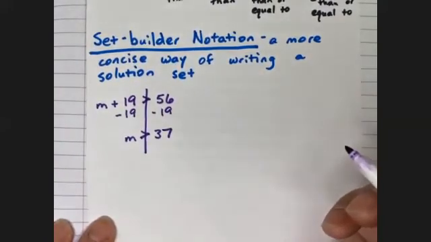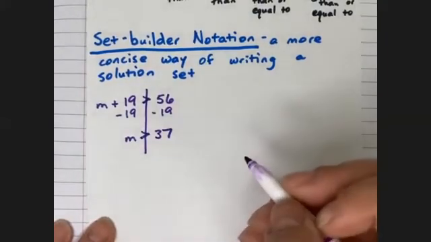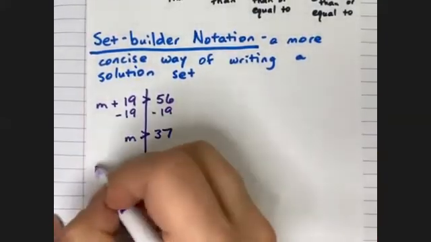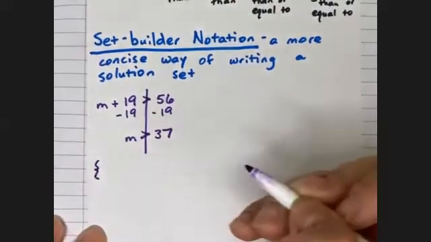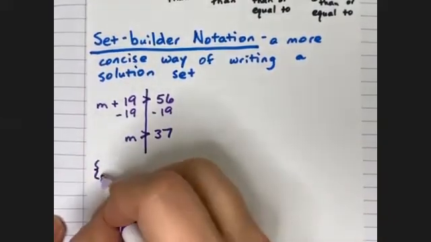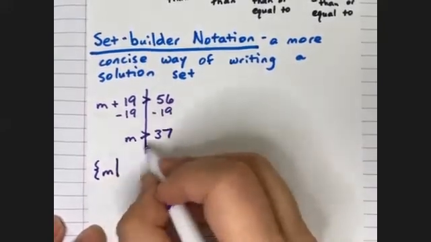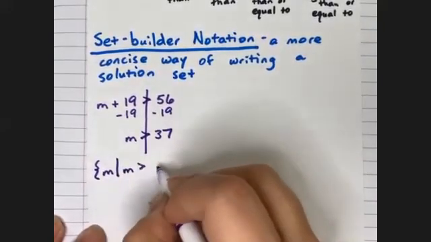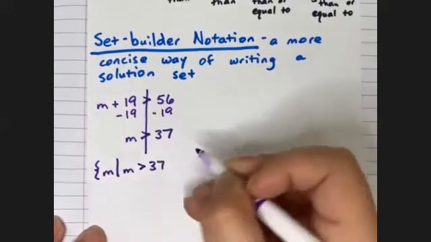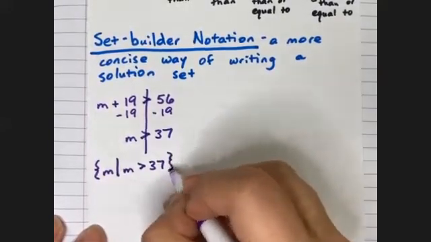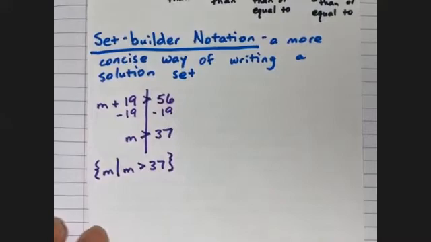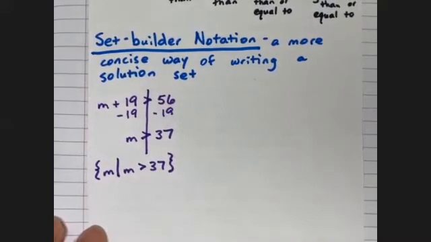Now, if I was going to write this answer in set builder notation, it would be this little squiggly line, and then an m, and then a straight up and down line, and then m greater than 37, and then end squiggly line. That's what set builder notation looks like.